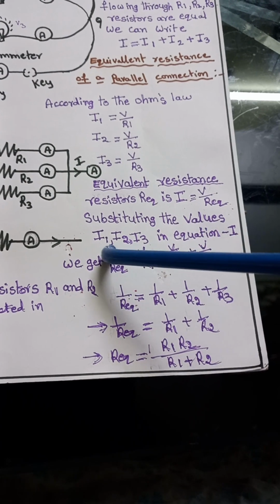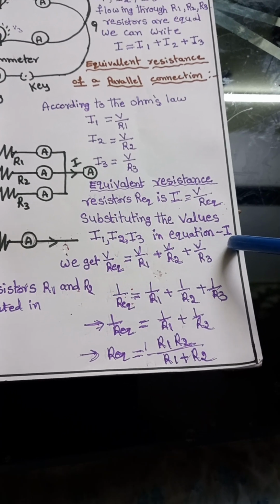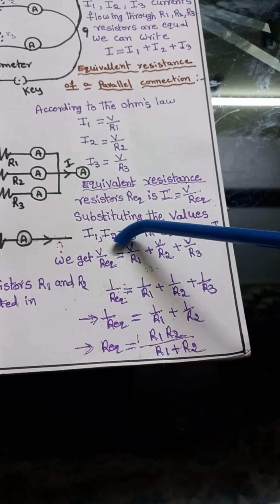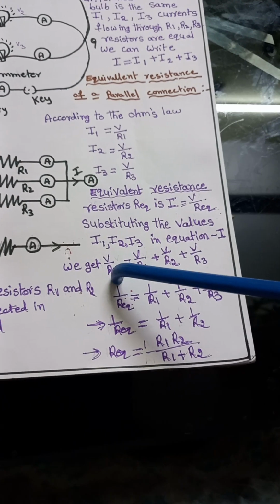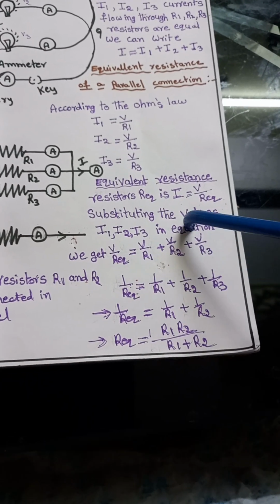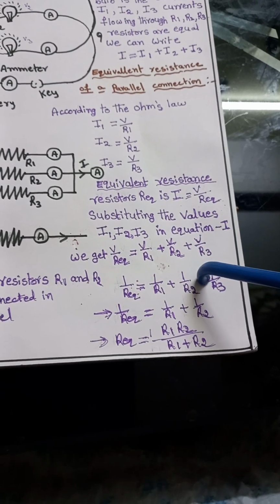Substituting the values of I1, I2, I3 in equation 1, we get V by equivalent resistance is equal to V by R1 plus V by R2 plus V by R3.